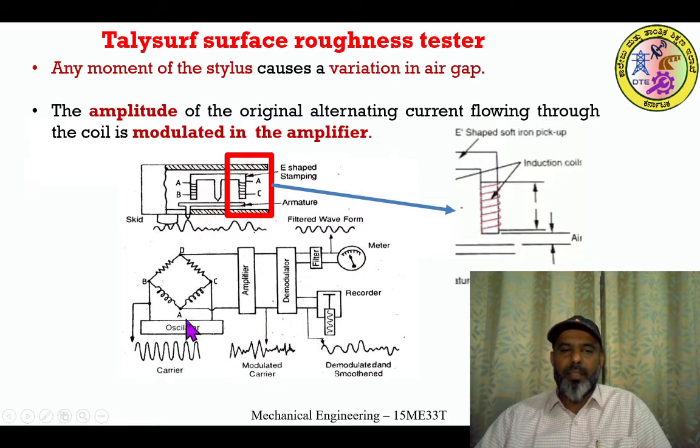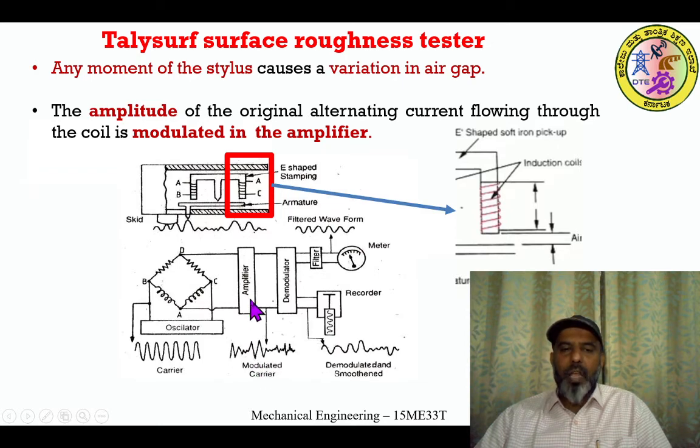Any movement of the stylus causes a variation in air gap. Therefore, the amplitude of the original alternating current flowing in the coils AB and AC is modulated in the amplifier.